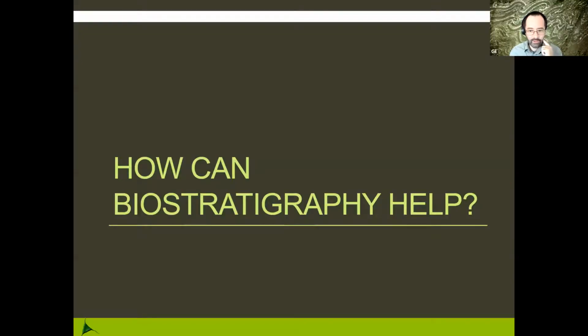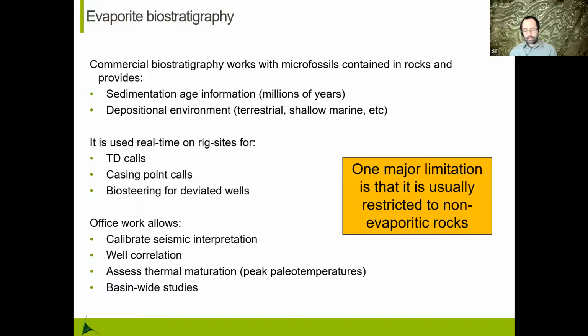So how can biostratigraphy help for all of these cases? Well, in general, any information you can get about the salt may be useful. For biostratigraphy specifically, there are two main areas where it is greatly used: sedimentation age information, so basically putting sedimentation ages on rocks.